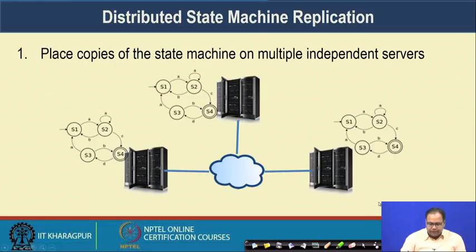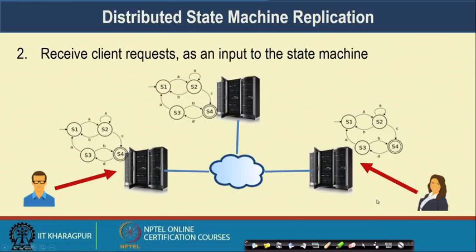Then the servers get the client requests. Here Bob is submitting his request and Alice is submitting her request, and the requests go to different servers. Now, when the requests go to different servers, if you execute the state independently at each server, the state in this server and the state in this server may be different.